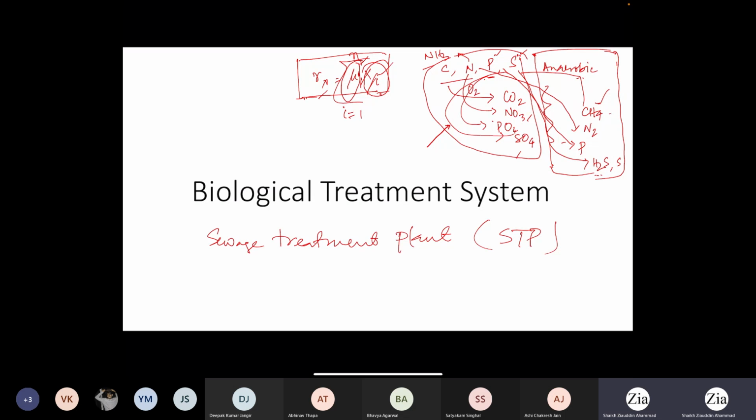In some countries they get this wastewater through a separate line and call it gray water, and from the septic tank, whatever water we're getting, that is called black water or maybe the sewage. Now in India, most of the sewage treatment plants are getting a mixture of gray and black water, meaning the water from the septic tank as well as water from the bathroom.